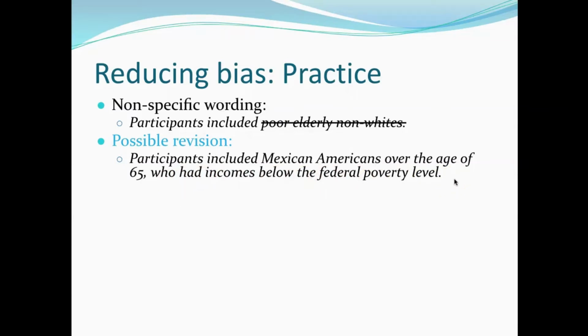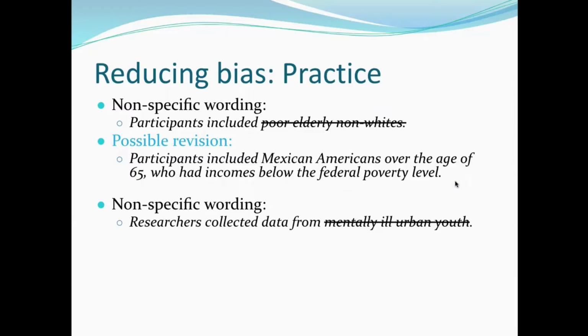You can also Google the federal poverty level in the United States. It changes from year to year, and you can Google the federal poverty level in a specific year and for a family of 3 or a family of 4. So you could say who had incomes below the federal poverty level for a family of 3, and that would be even more specific.